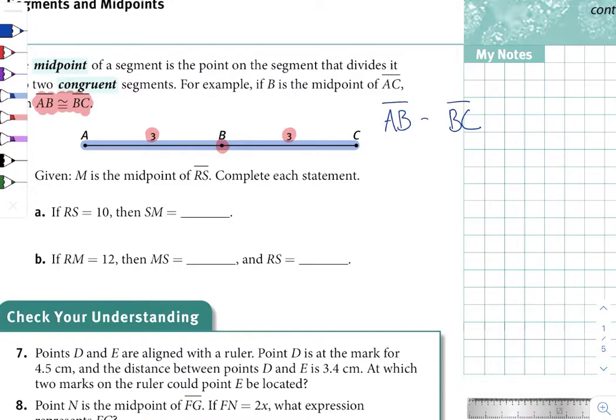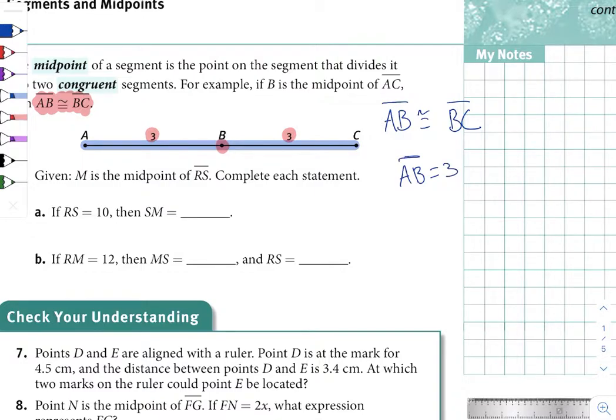And since they're both 3 units big, they are congruent, right? They are the same line segment, same size. They might not be the same exact one as one's AB, one's BC, but in terms of what they look like, they're congruent, they're the same. So if I'm talking about the actual measure of a line segment, I would say AB equals 3, right?